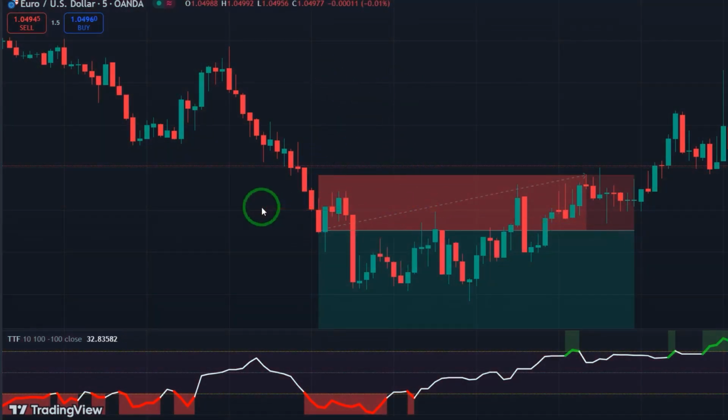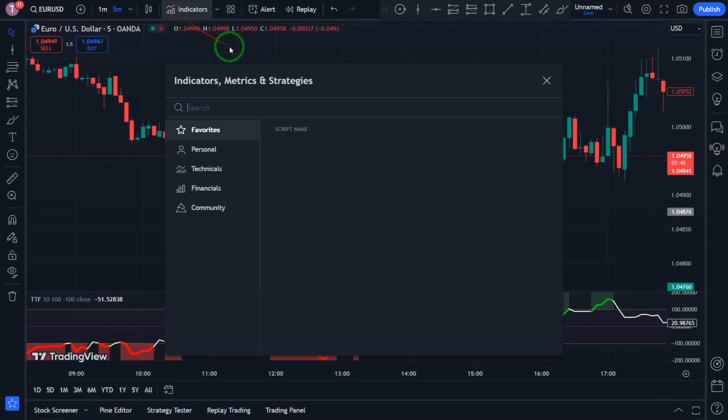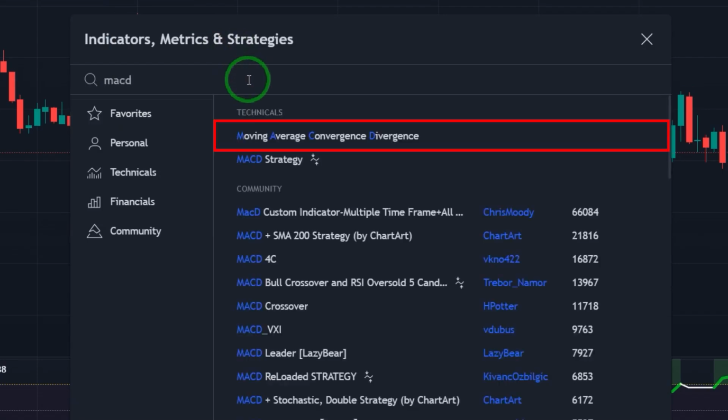Now, here's the point I mentioned earlier. We need to add another indicator to our chart. For this, just go back to the indicator section and type MACD. Once you find it, click on it to add it to your chart.